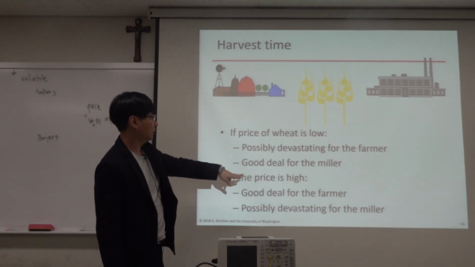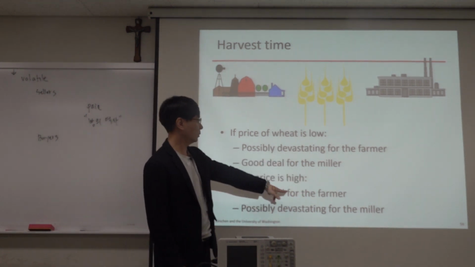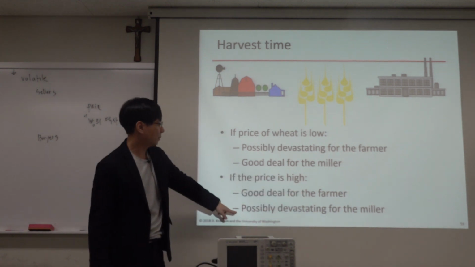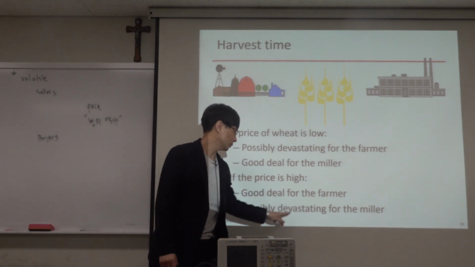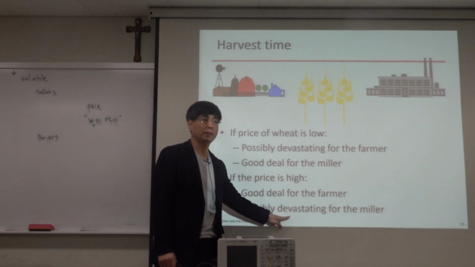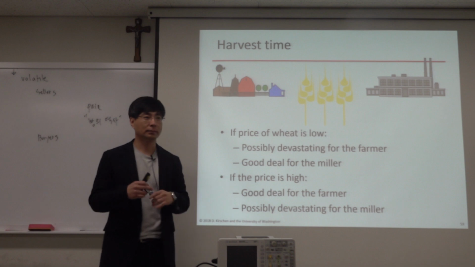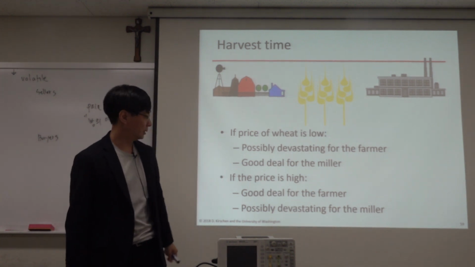And if the price is high, that's a good deal for the farmer, producer, seller, and possibly devastating for the miller. You know this English word, devastate. 비참하게 만들다. This is a bad word.